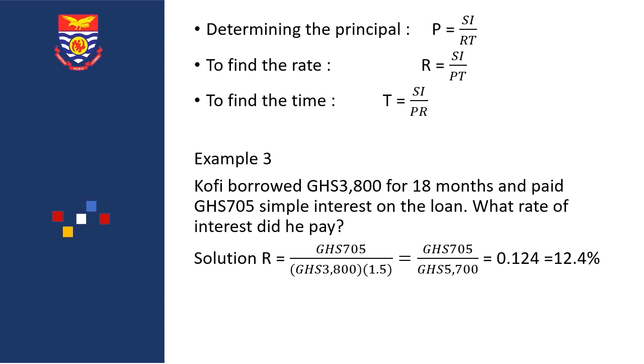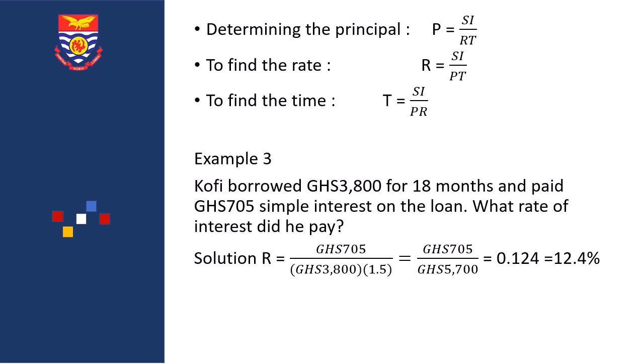So you get 705 over 5,700, and at the end we are going to get 12.4%. The question asks us to find the interest rate. So anytime you are finding rate, it means you convert it to what? Percentage form.